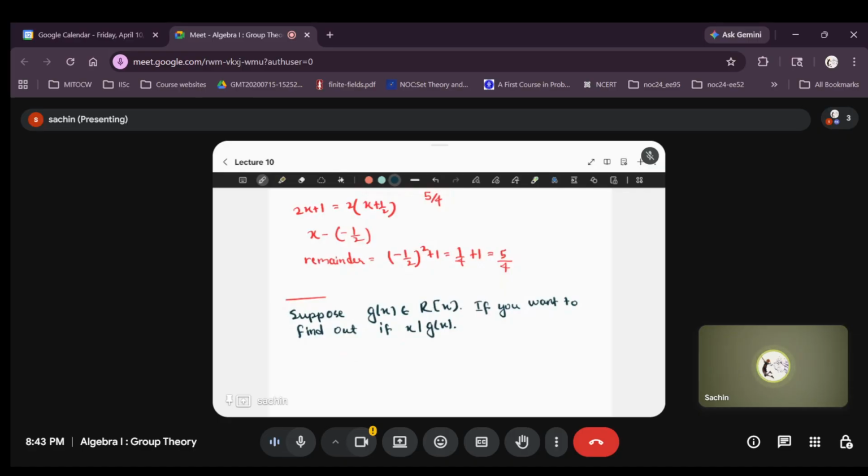So x divides g of x if g of 0 is equal to 0. That's one way to find out if x is a factor of g of x.